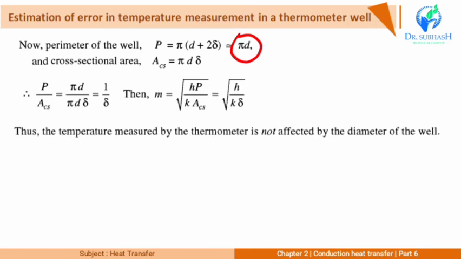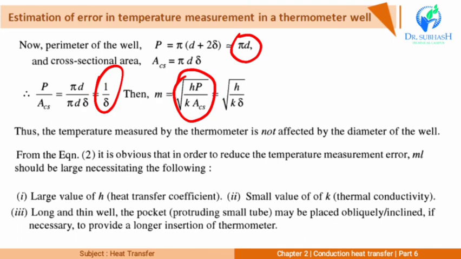So P divided by cross sectional area, that is 1 upon delta, and so m is equal to under root of hP by kA, which is equal to root of h divided by k into delta. Thus the temperature measured by the thermometer is not affected by the diameter of well.